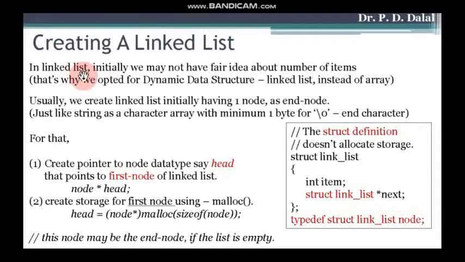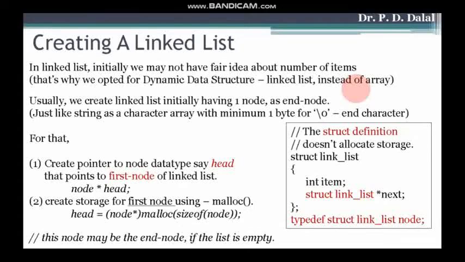Creating a linked list. Initially, we may not have a fair idea about the total number of items, how many items will be there. That's why we opted for the dynamic data structure, that is a linked list, instead of an array, of course.